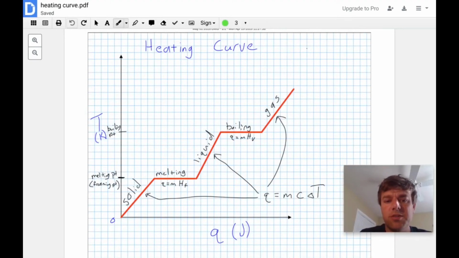All right, I do want to just clarify a few things about the video that you just saw. We were starting at essentially 0 degrees Celsius or 273 Kelvin. So we were starting on this line right here. And as we were working on that line right there, we started adding heat and the ice started melting.